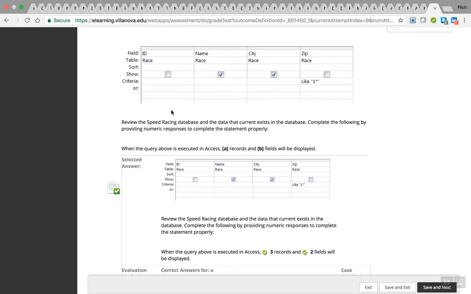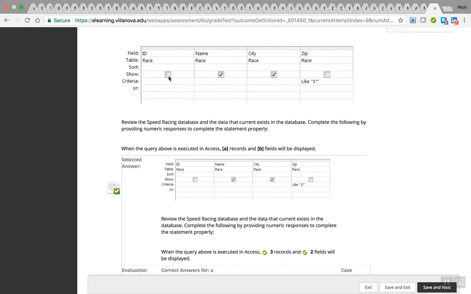The first thing you want to look at is whether it is a single table or multiple tables involved with a join. If we look at this right here, this is only going to deal with the race table. There's no join involved. So that's the first thing.